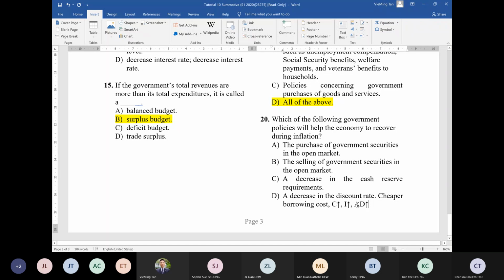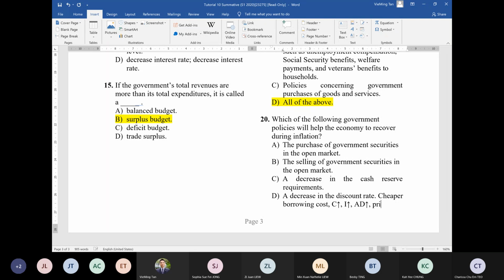If AD increases, this is going to increase the price level. The price level of products will be more expensive generally. So when the price level increases, this will increase the inflation.